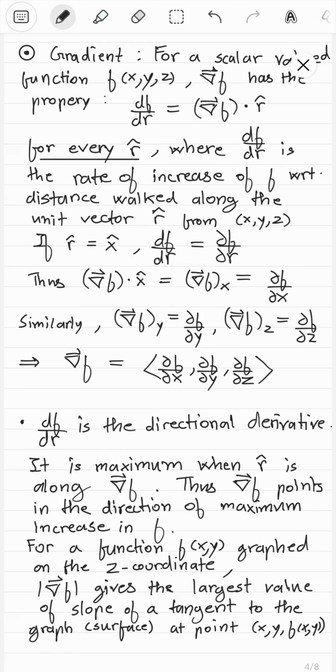You will have different kinds of tangents, a circle full of these tangents. Then the tangent which has the biggest slope, and the slope is of course the rise over run, where the run is the distance along the xy plane, and the rise is the distance moved in the z direction, right? So that largest value of the slope is given by this thing, the magnitude of gradient of f, right?